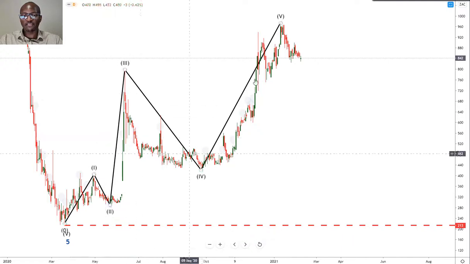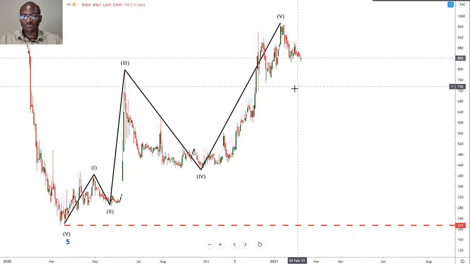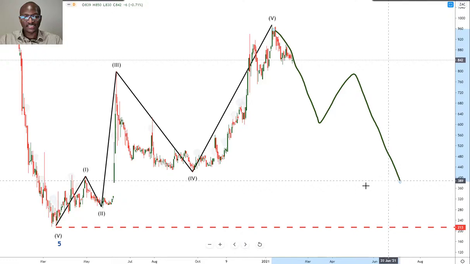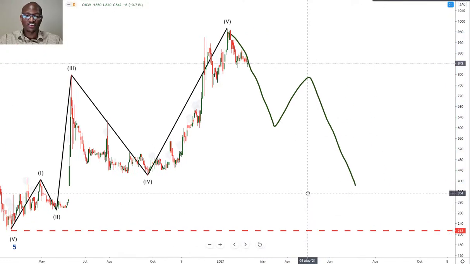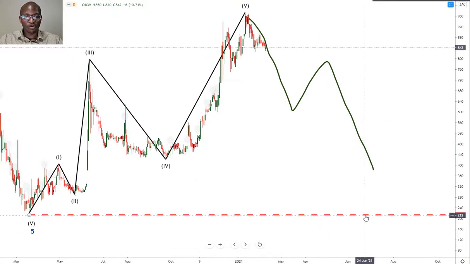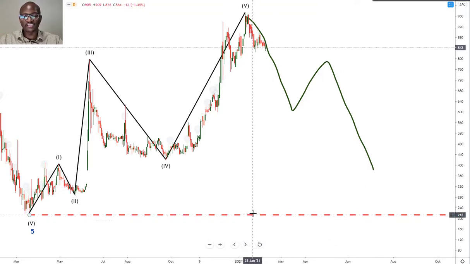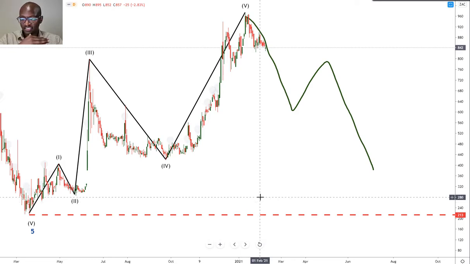After a 5-wave advance, I'm anticipating that we should expect a 3-wave pullback. We could have already started that pullback, but this pullback should not break below 213. So that is the invalidation level. 213 is the bottom.